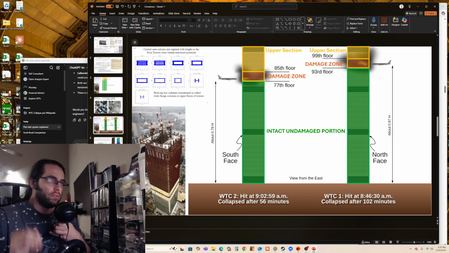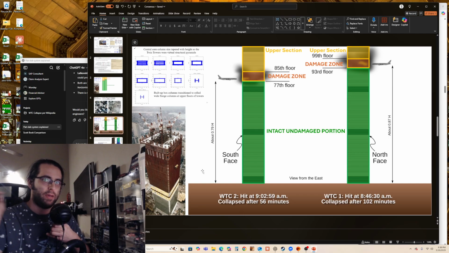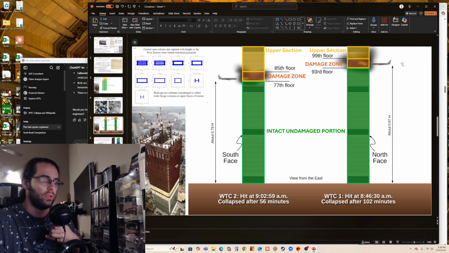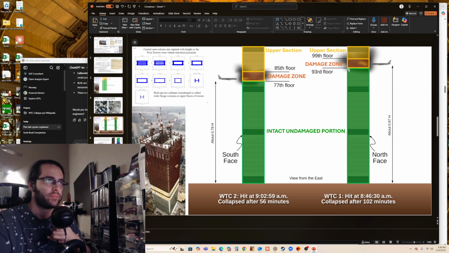Regarding the question, these towers were not hit by 100 airplanes. Each tower was hit by an airplane, and we'll even grant that the damage zone was total destruction, or a generous amount of destruction.